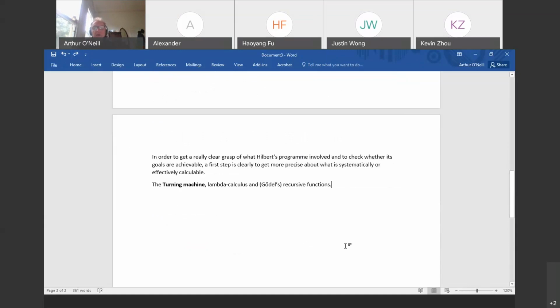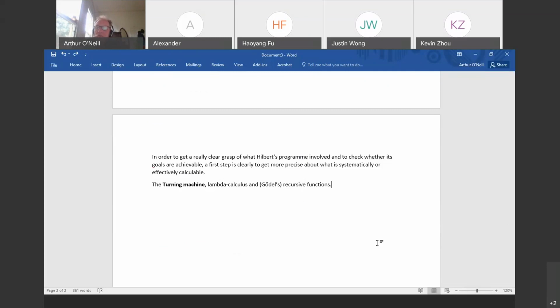Okay, so the thought is that this is the move from mathematics into the basics of computation, if you like. In order to get a really clear grasp of what Hilbert's program involved and to check whether its goals were achievable, the first step is to get far more precise about what exactly systematically or effectively doable means.